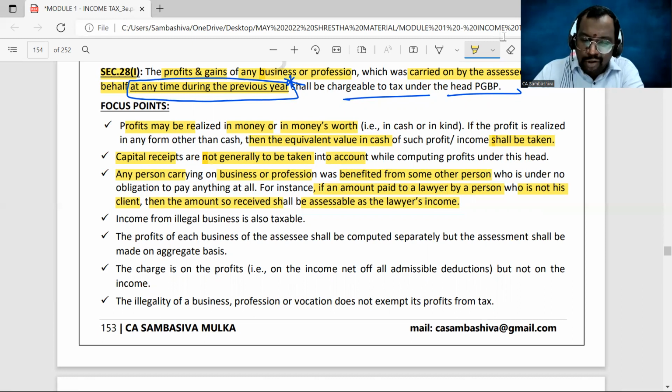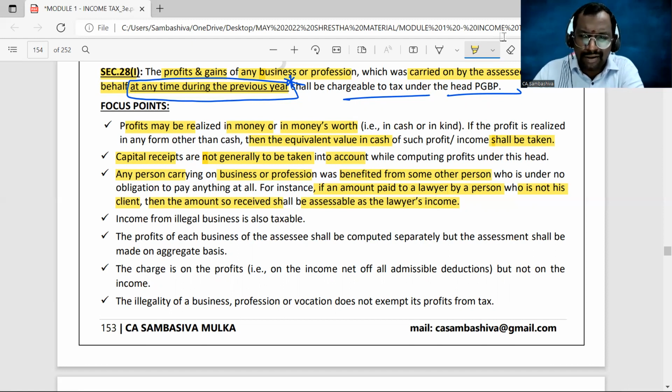Will you take that amount or not? Definitely we will take, because we argued the case, we have discharged our professional services for which we are receiving professional charges. It is irrelevant whether you are receiving from your client or from any other person. What you need is your professional service charges. Suppose that you argued in the court on behalf of a subsidiary company, and you won the case and you received the money from the holding company.